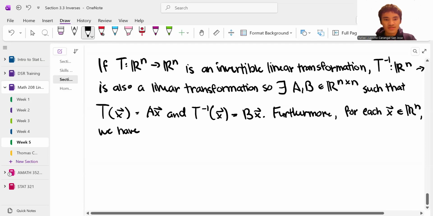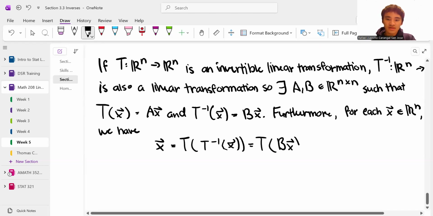We have X is equal to T inverse X. This thing is equal to, so we can translate that to T of BX, and we can translate this to AB.